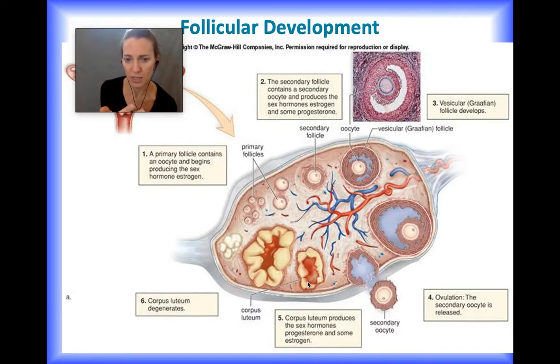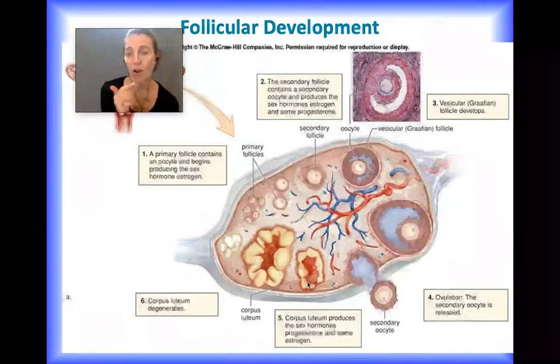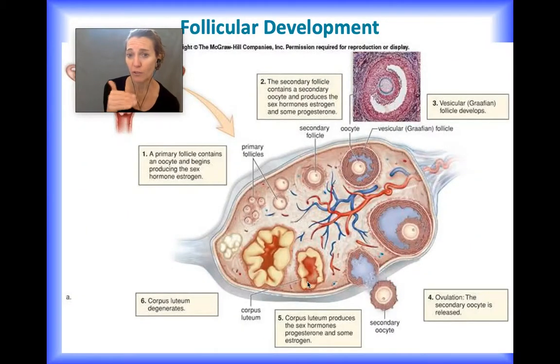And this corpus luteum is going to produce progesterone and estrogen. If a pregnancy or fertilization occurs, this corpus luteum will keep making those hormones all the way throughout the first trimester. If a pregnancy or fertilization does not occur, then this corpus luteum degenerates.